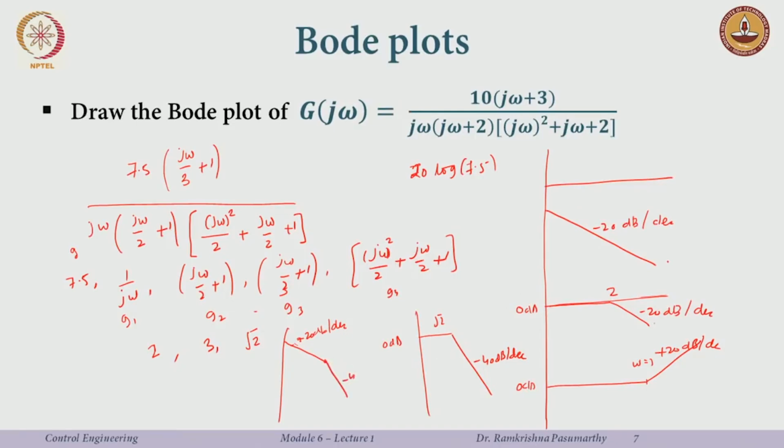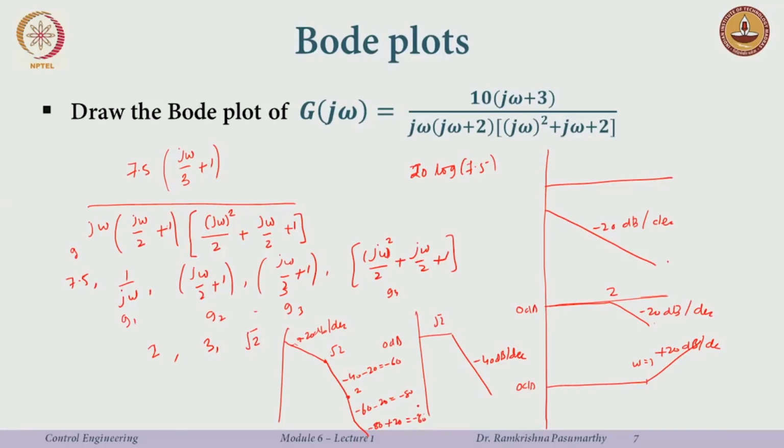So, this will be minus 40 until I reach 2. At 2 I have a pole, so I will go further down to minus 60, and this is at root 2, this is 2, this is minus 40 minus 20, this would be minus 60, minus 60 minus 20 is minus 80 and then I hit a zero, right. So, that will add 20. So, I will have minus 80 plus 20 is minus 60 as the slope, right.